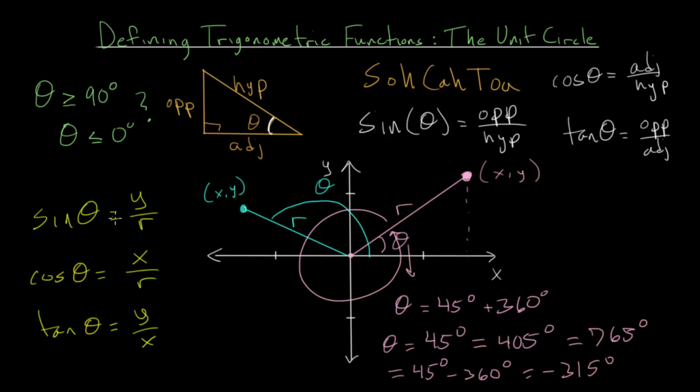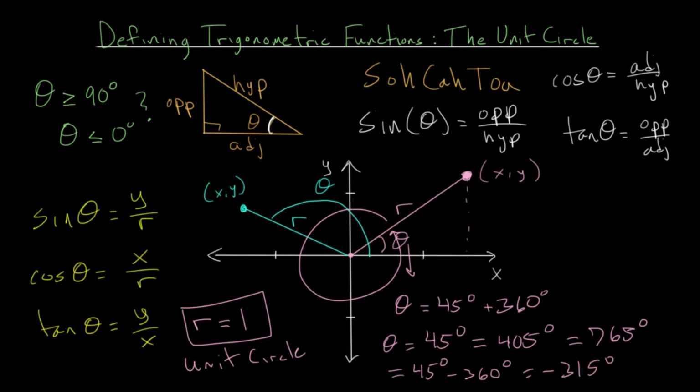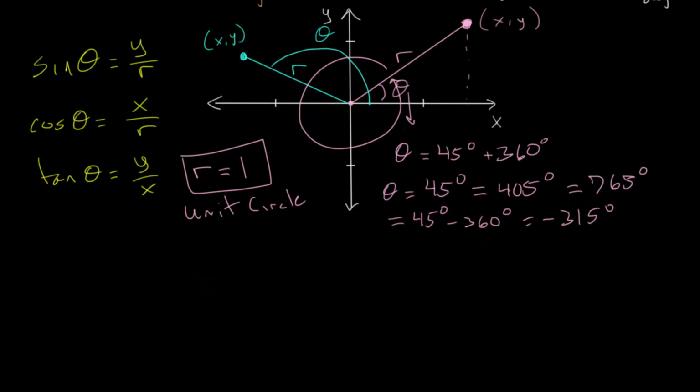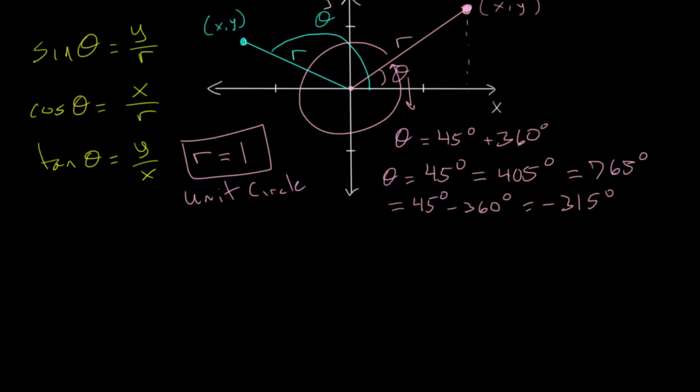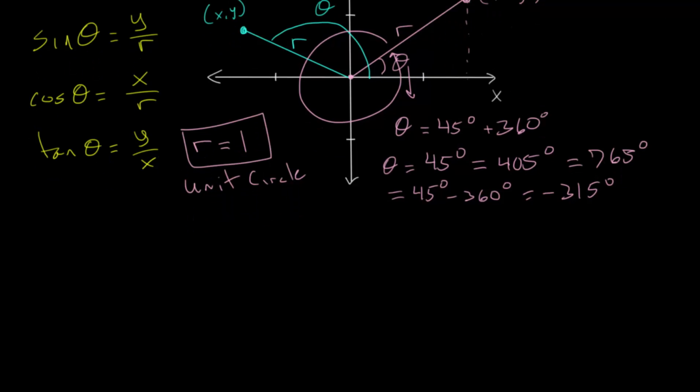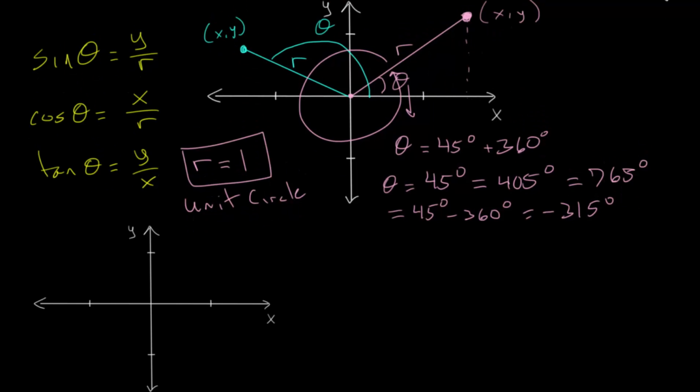And one way to simplify everything is to set this distance from the origin, r, equal to 1. And by doing so, we create what is called the unit circle. So let me make a little bit of room, and we can plot that as well. If we paste in a new coordinate plane, we can draw a picture of this unit circle.